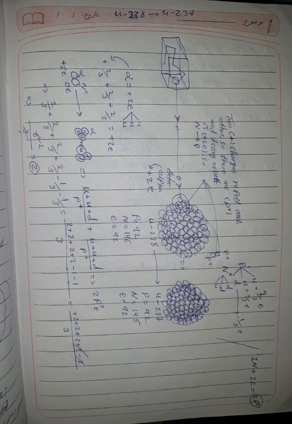Whenever it decays, the uranium 238 changes into uranium 235, and it will be more radioactive, and somehow we can use that for a nuclear bomb. We cannot use uranium 238 for creating a nuclear bomb, but we can use U-235, not 238, U-235 or uranium 235 for creating a nuclear bomb.